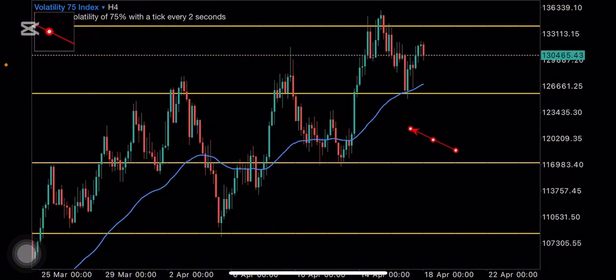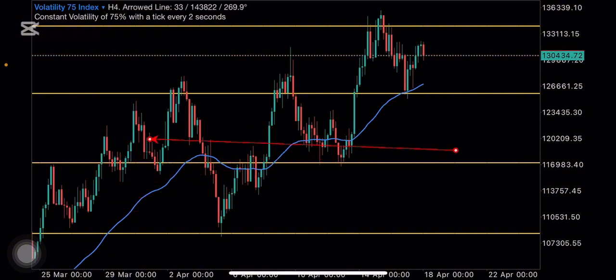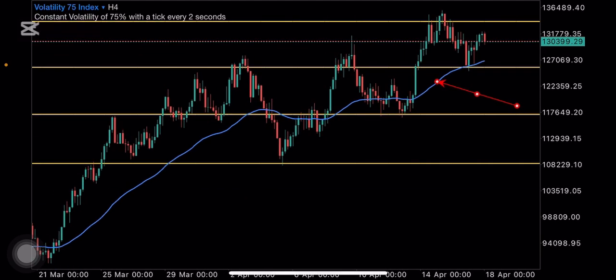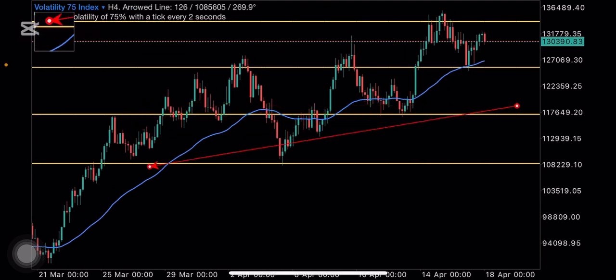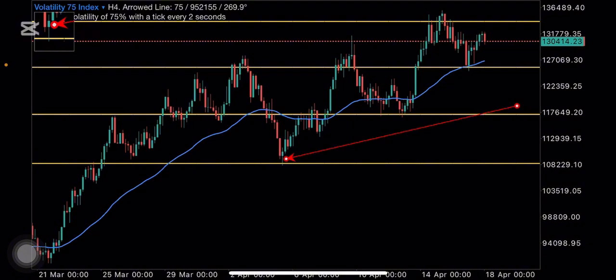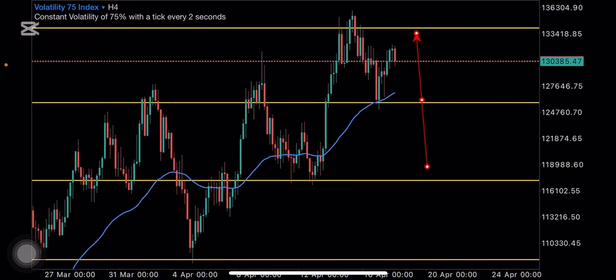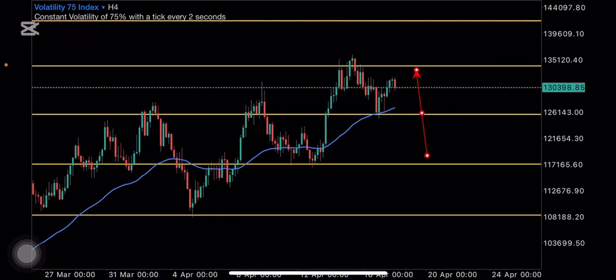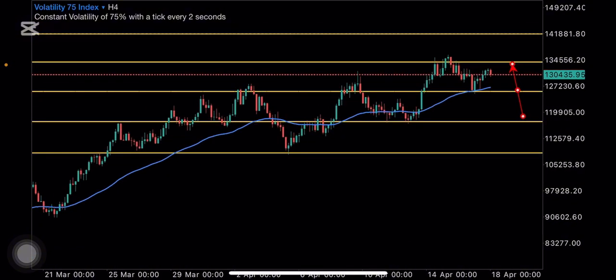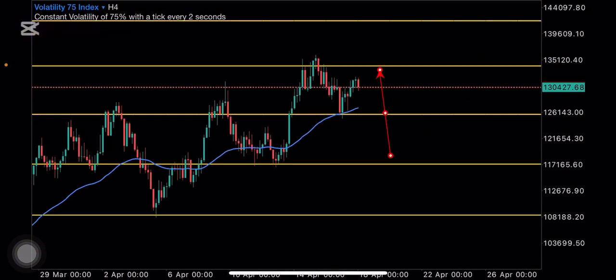Price has been trending upwards overall, based on market structure. Price makes a high, a low, a higher high, higher low, higher high, higher low, higher high. So we expect a higher low and then a push up again to a higher high. That's what we are expecting price to do right away.